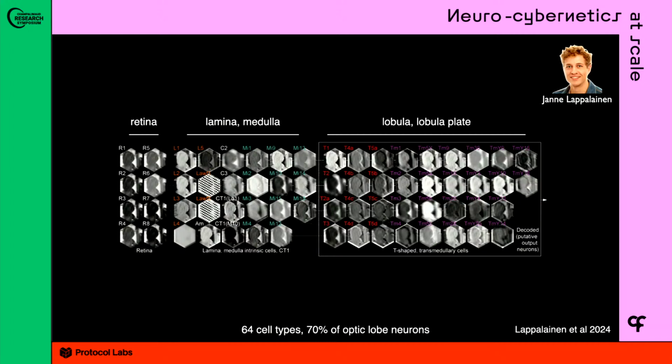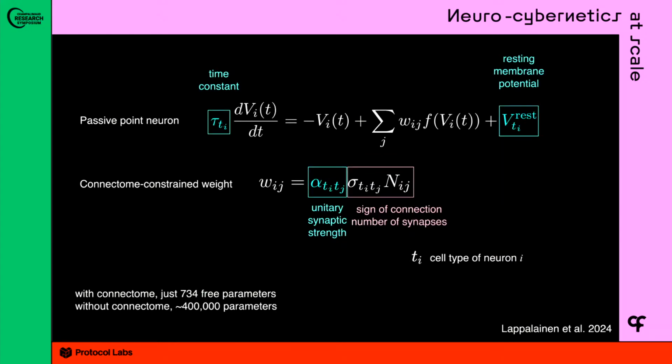The connectome is static and comes from a dead brain, so in order to simulate it, we need dynamics. Let me tell you how we did that. For this study, we wanted to take the detailed connectome but really simplify everything about the biophysics of neurons. We know the shapes of these neurons in great detail.